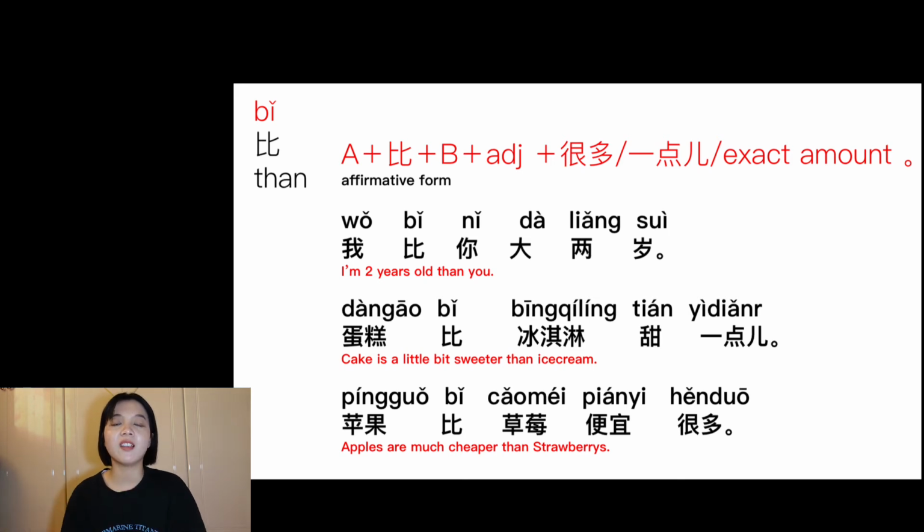I put 一点儿 a little bit after the adjective 甜. Sentence 2, I want to say the apples are much cheaper than the strawberries. At least in my place, looks like so. 苹果 apples 比草莓 strawberries 便宜很多. 便宜 is cheap. 便宜很多 much cheaper.